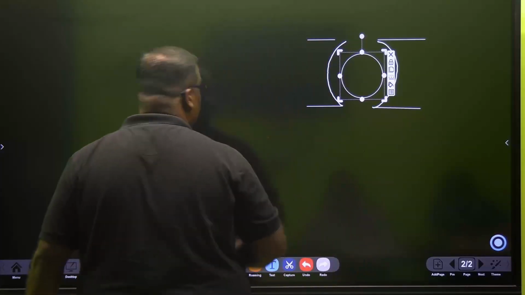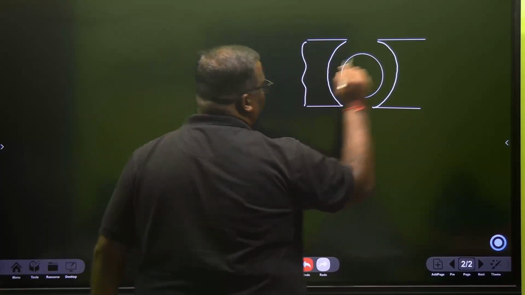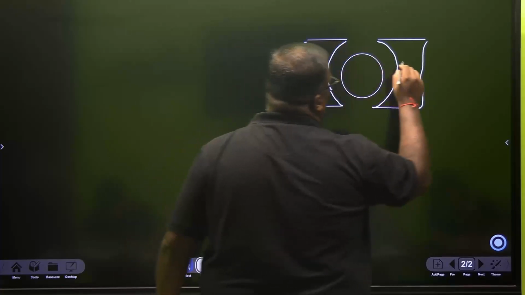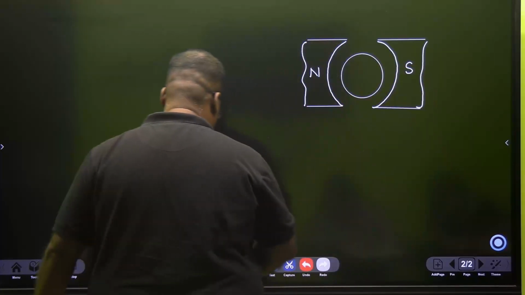Now this is a part of your magnet, and this is a part of your magnet. Let's say this is the north pole of the magnet, and this is the south pole of the magnet.